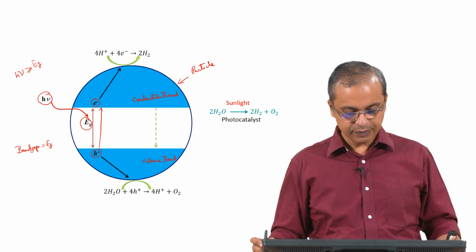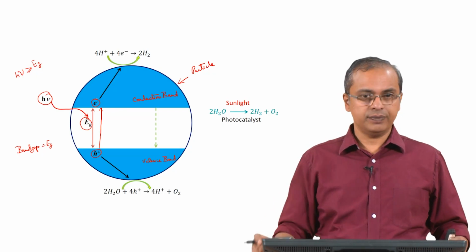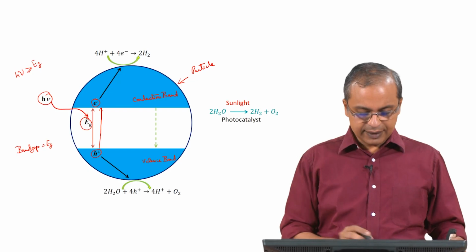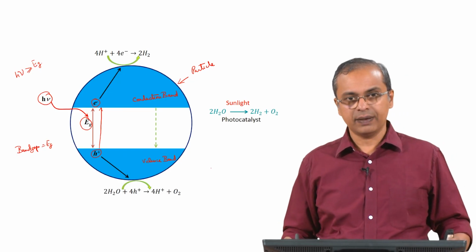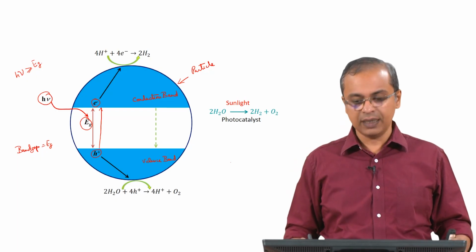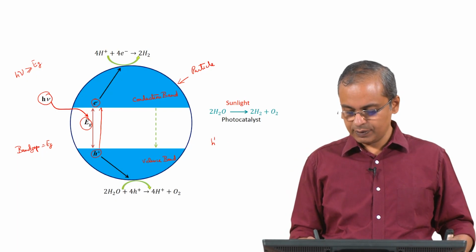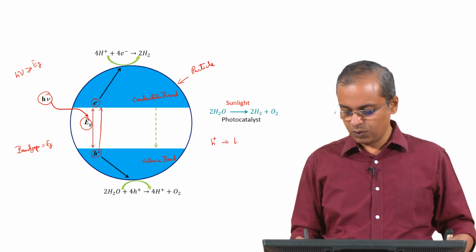Now, when this has access to water, this h plus, which is the hole, not to be confused with the proton, the H plus, that is why I have used small h. So, small h plus is a hole.